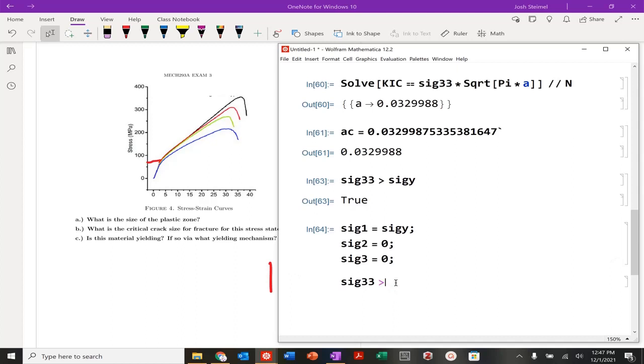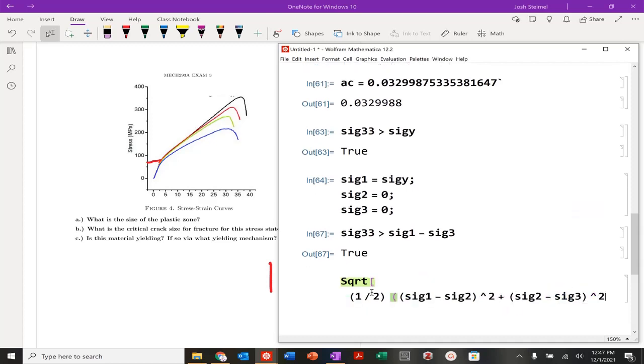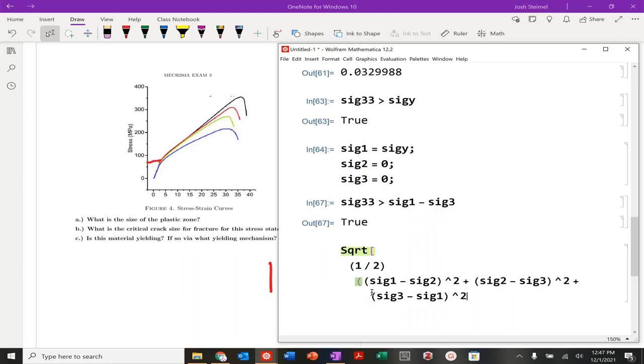So if I do my Tresca criterion, is sigma 1 minus sigma 3 greater than sigma y? Yes. And if I do my von Mises, it's the good old gigantic monster: square root of 1/2 times (sigma 1 minus sigma 2) squared plus (sigma 2 minus sigma 3) squared plus (sigma 3 minus sigma 1) squared.